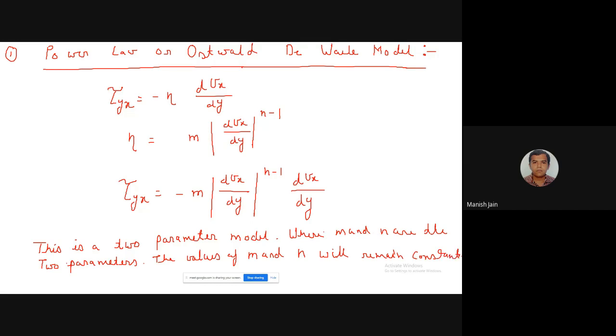Okay, n is also called the viscosity index.